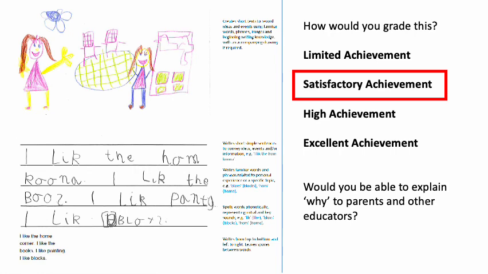But it doesn't mean they get an A. It means that moderation shows me that they are at satisfactory achievement for the expected standard at pre-primary at that point in time. If I had a whole lot of students who were performing much below that, then yes, they would be sitting at a D or potentially an E.